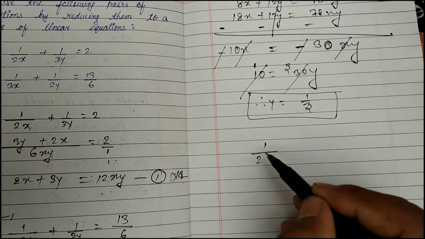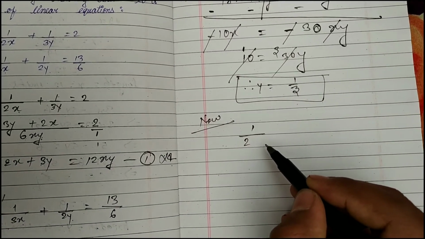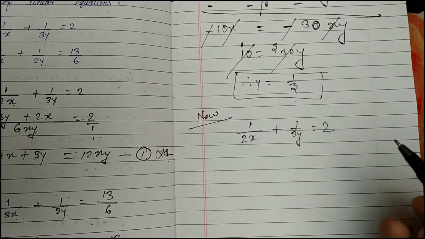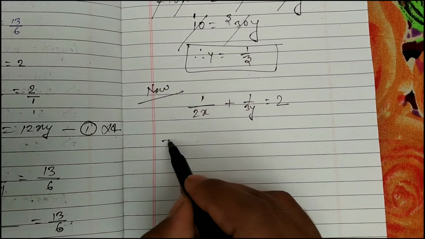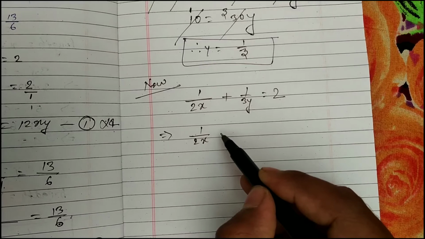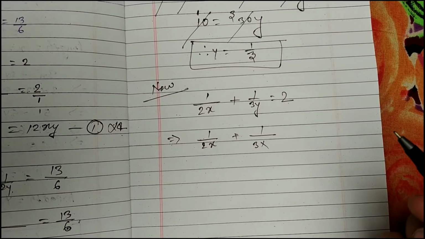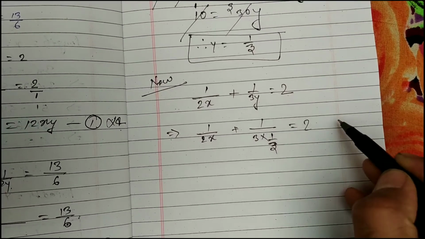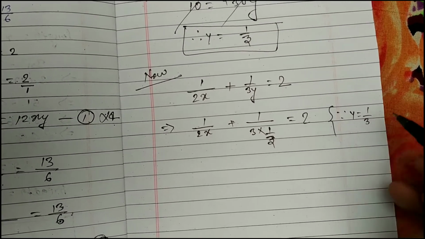This equation is 1 by 2x plus 1 by 3y is equal to 2. Let me put the value of y: 1 by 2x plus 1 by 3 into the value of y, which is 1 by 3, is equal to 2.